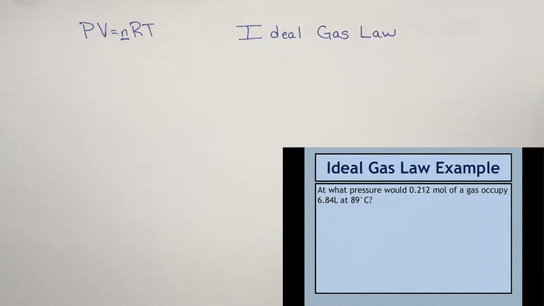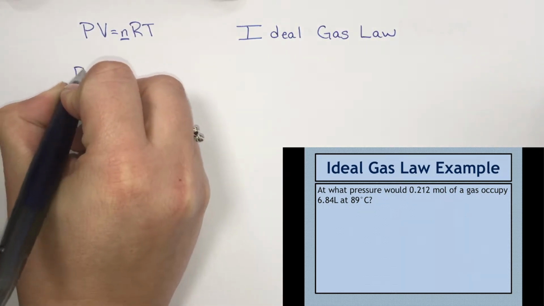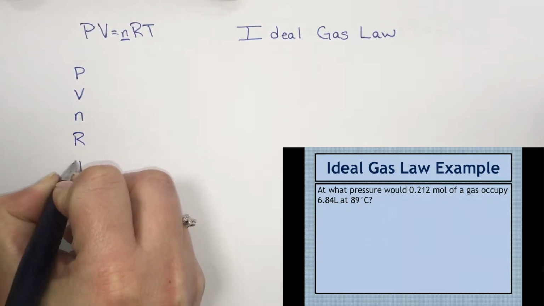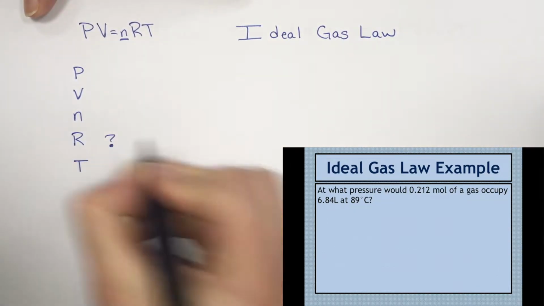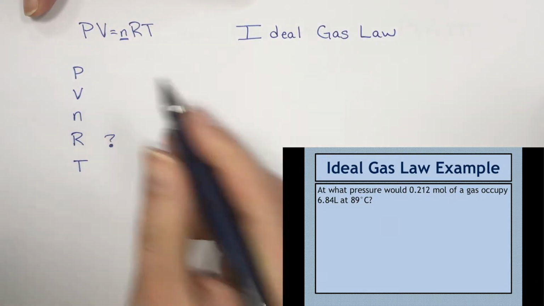Okay, so let's go over our first question. At what pressure would 0.212 moles of a gas occupy 6.84 liters at 89 degrees Celsius? So I just write down my variables, P, V, N, R, and T. Okay, so at what pressure, so the variable we need to isolate will be R, what am I doing?